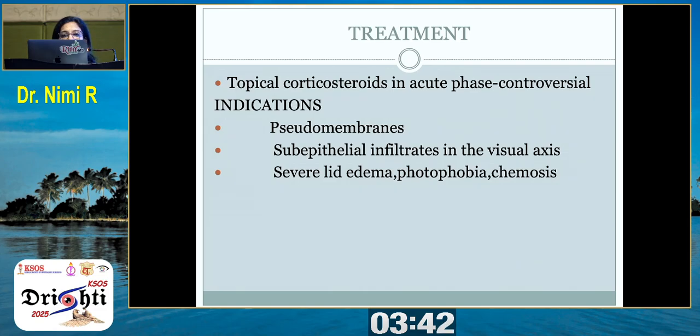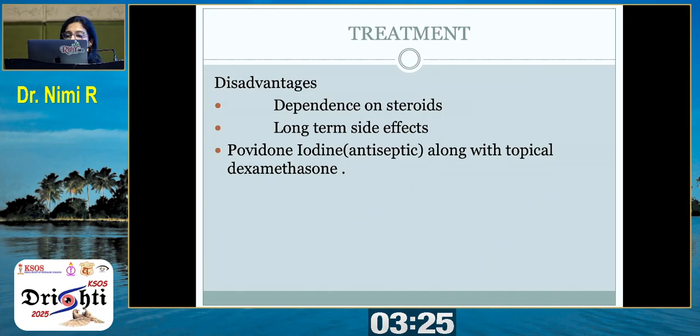In the acute phase, topical corticosteroids are controversial. Indications include the presence of pseudomembranes, subepithelial infiltrates in the visual axis, and severely symptomatic patients with severe lid edema, photophobia, chemosis, etc. Disadvantages of using topical corticosteroids: the lesions may recur on stopping the steroids, and long-term side effects like cataract and glaucoma can occur.